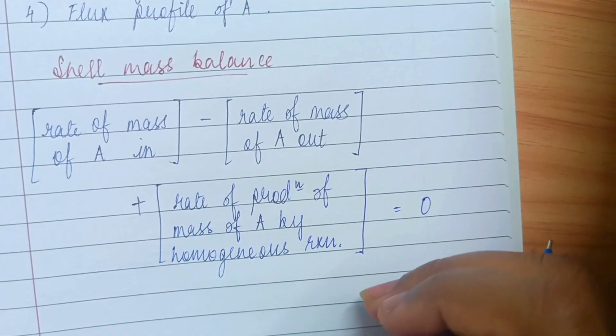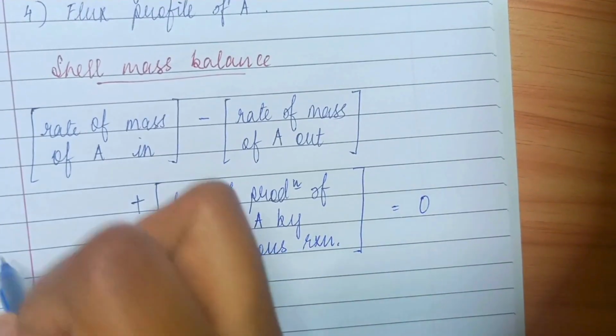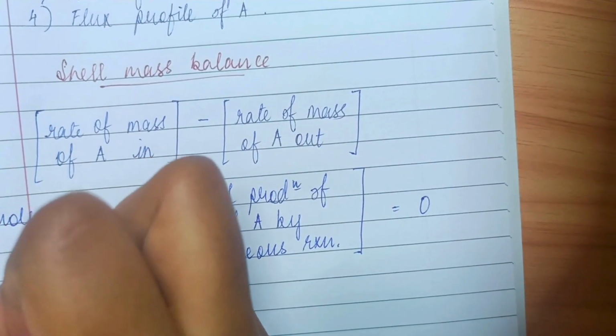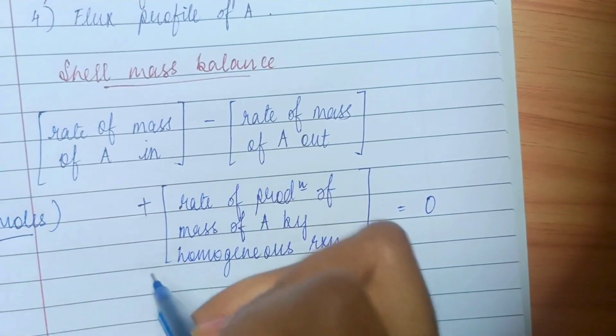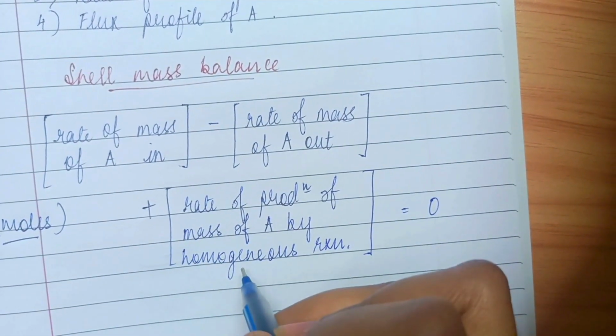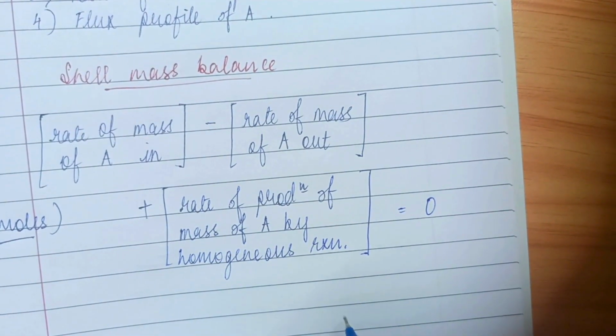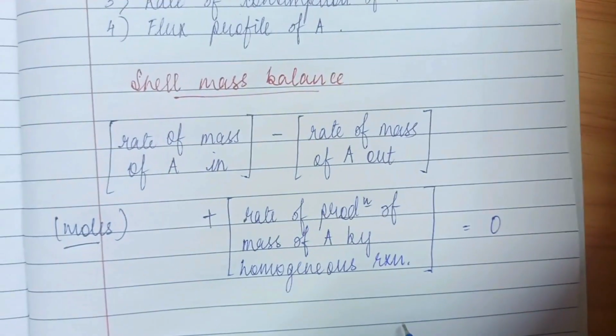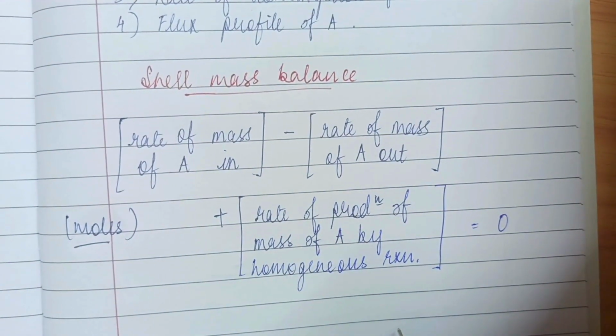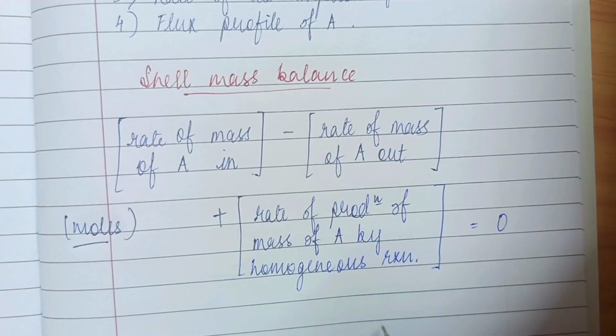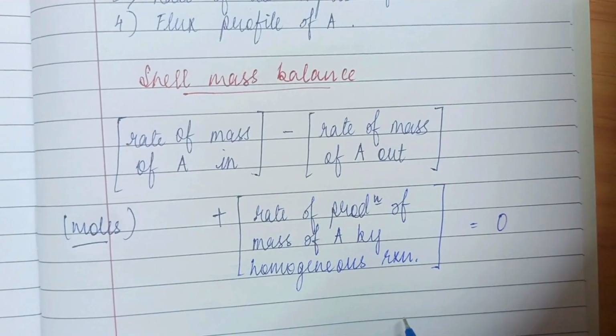The conservation statement can be expressed in terms of moles. The chemical species A may enter or leave the system by diffusion, that is, by molecular motion, and also by virtue of the overall motion of the fluid, that is, by convection.